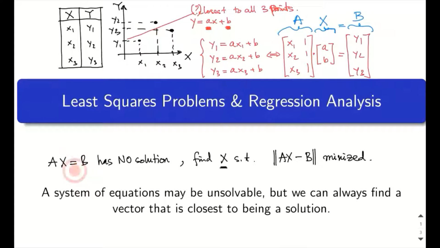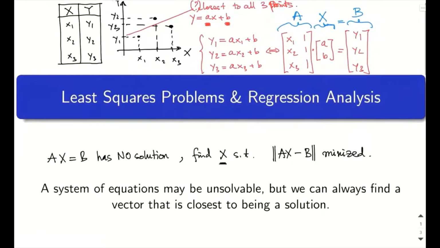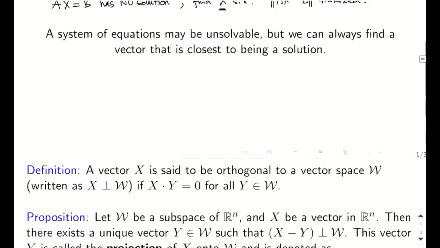This system will have no solution. However, you still want to find something that is closest to being the solution. All right. Now that you have the idea of what we are trying to do, let me go into details.